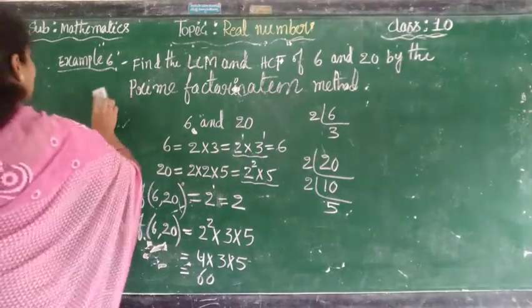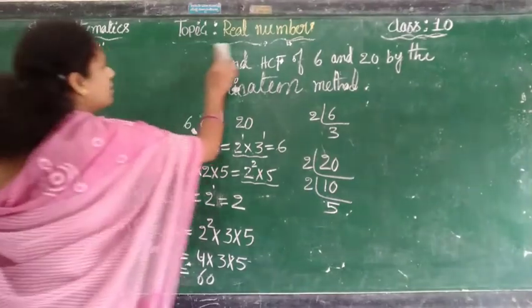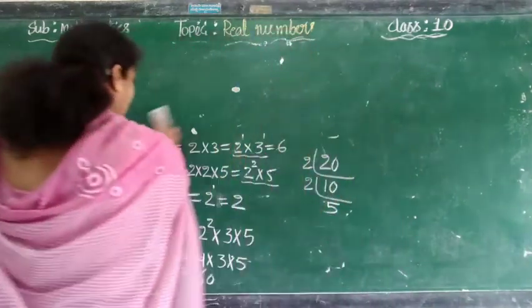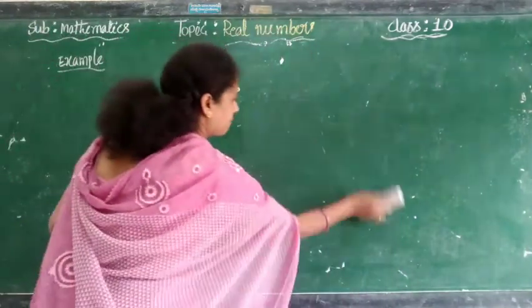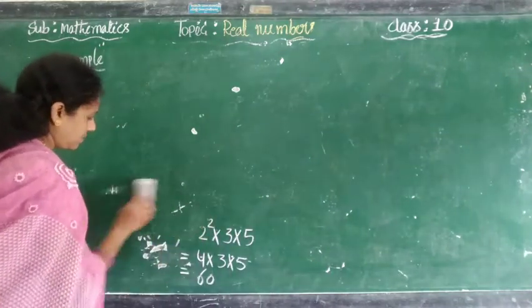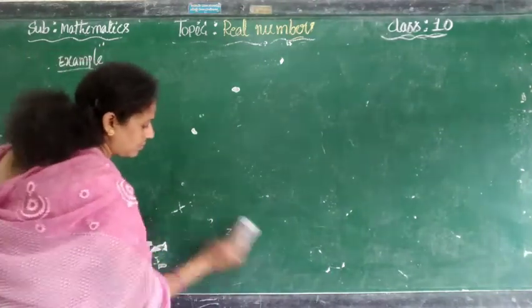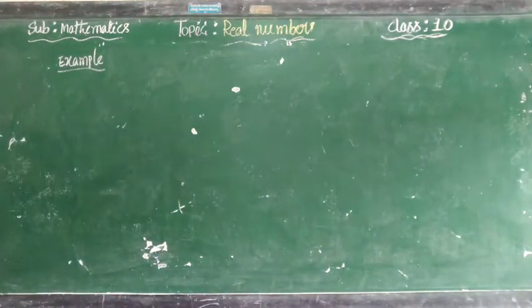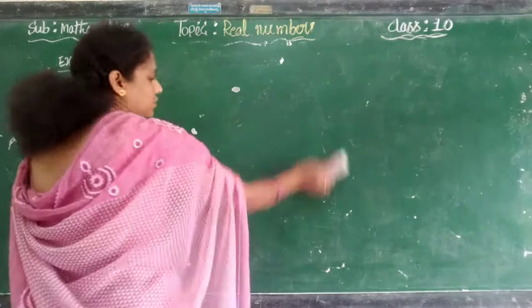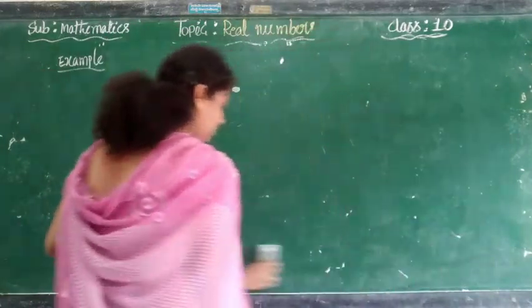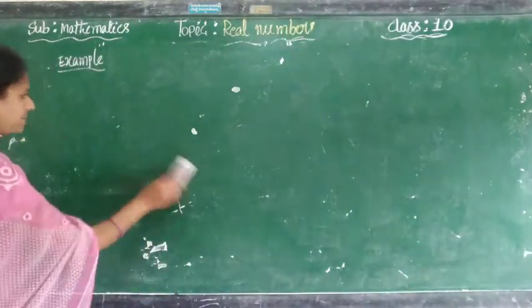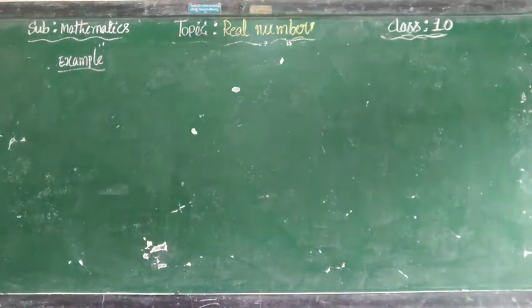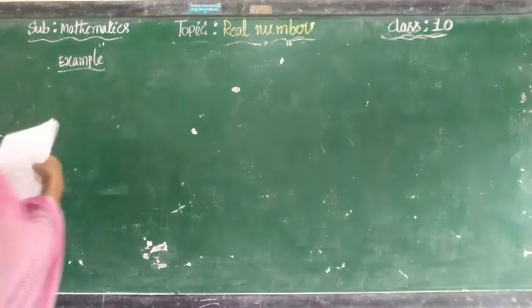Next, example 7. Find the LCM and HCF of 96 and 404 by the prime factorization method. So next we take example 7.